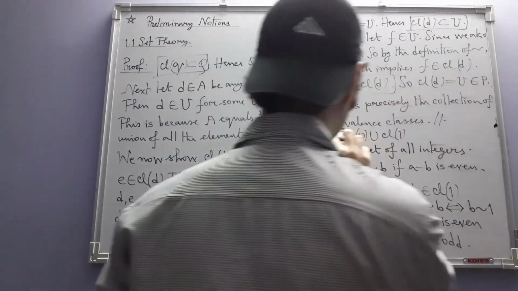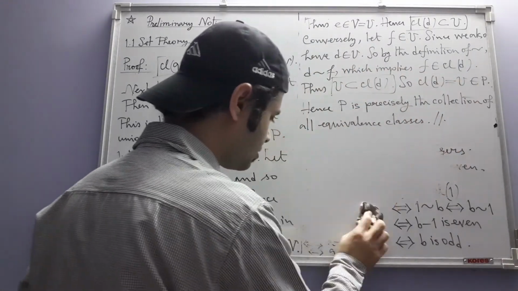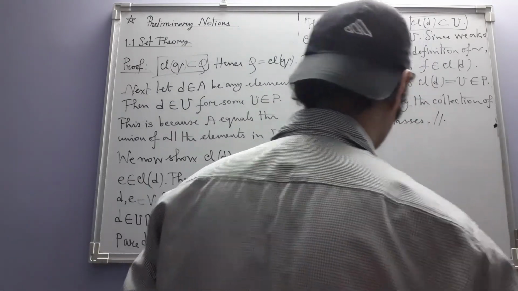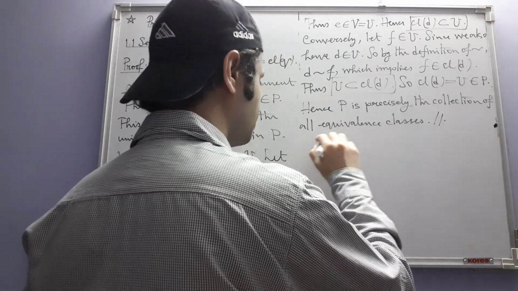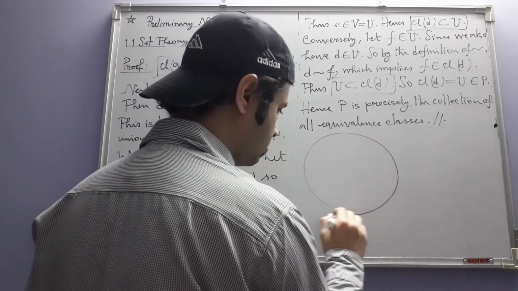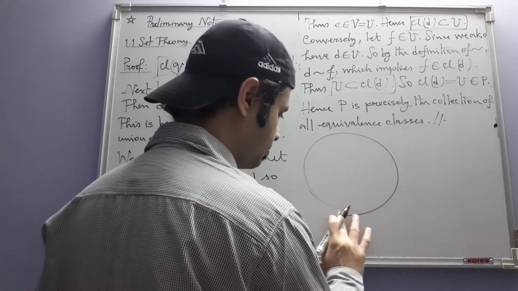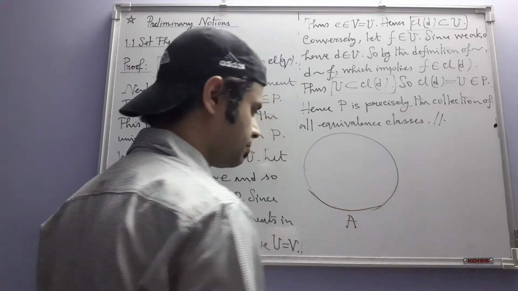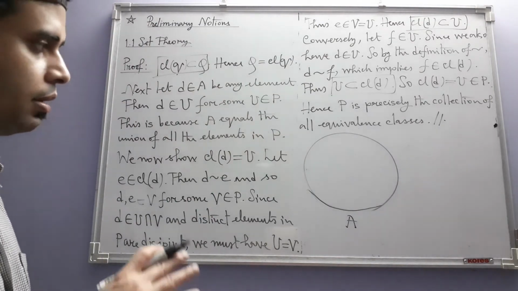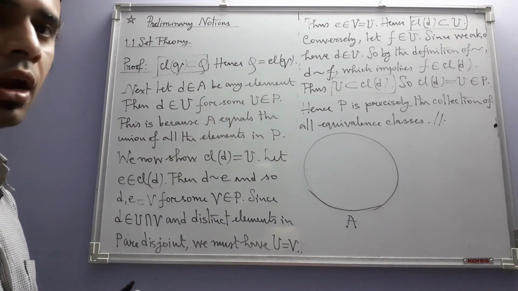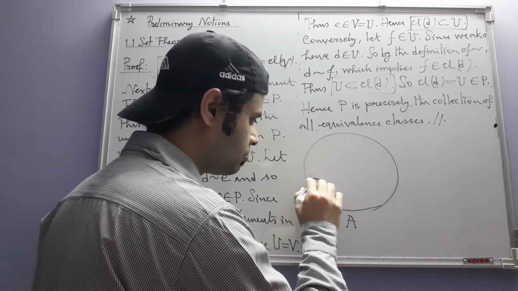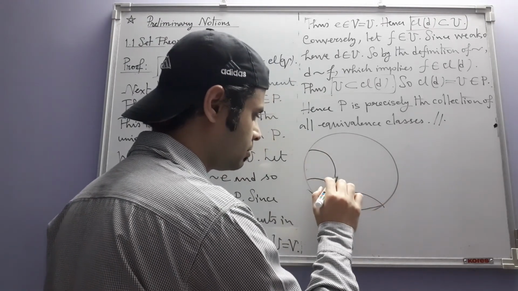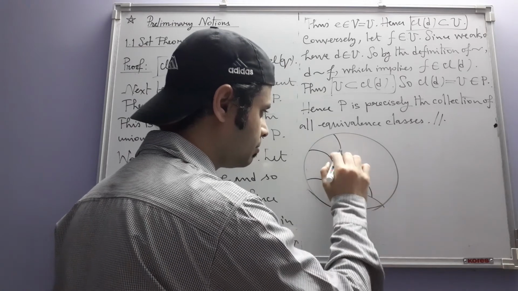Conversely, for the converse, however, I cannot take something like this. It is this. Suppose you have a set A and A has been compartmentalized into disjoint regions which are non-empty.